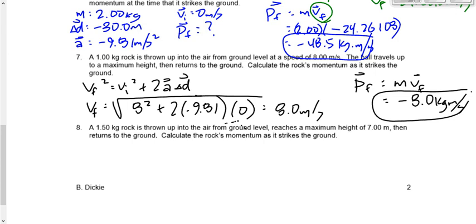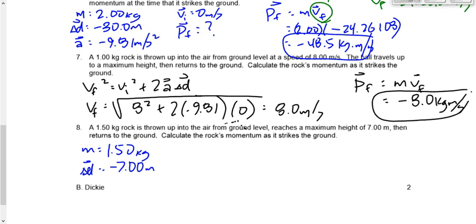What I would suggest you do for this question is analyze half the trip. Analyze just the trip down, like we did in question number 6. If we do that, M is 1.5, of course. Delta D, the displacement, would be negative 7, because it falls 7 meters from peak height to where it hits the ground.